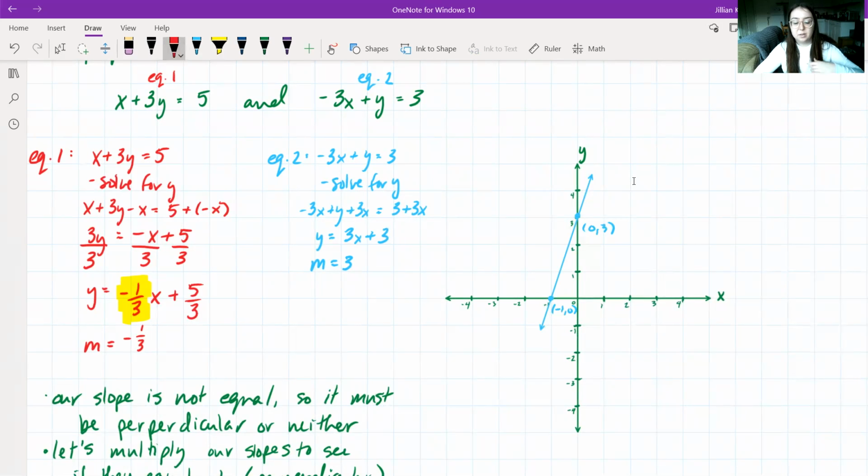Then equation 1, we have y is equal to negative 1/3 x. So if we solve for our x-intercept in this case, it will actually give us 5, 0, which is coincidentally this value here.